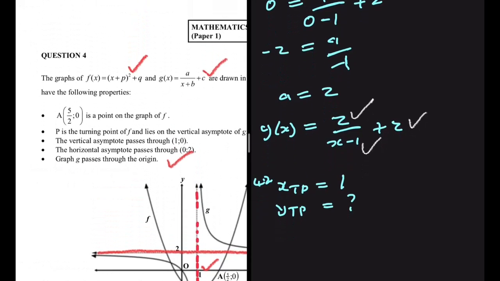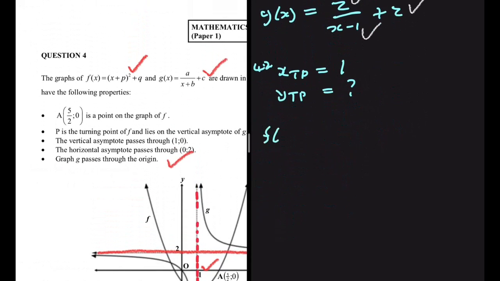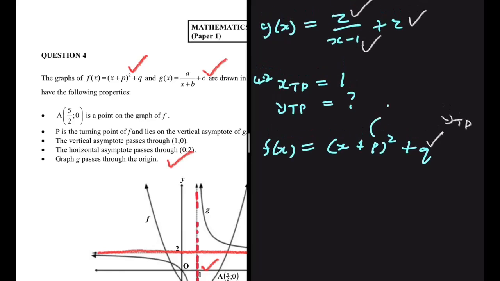Well, our function f of x is equal to (x + p)² + q. So in this general format, q is your y at the turning point, while p is equal to minus x of the turning point.